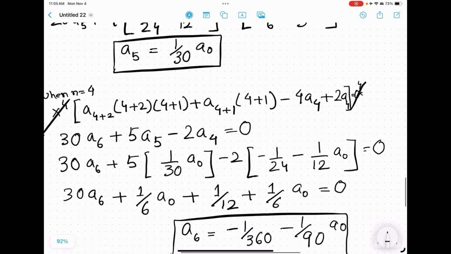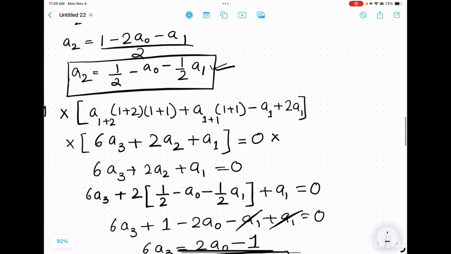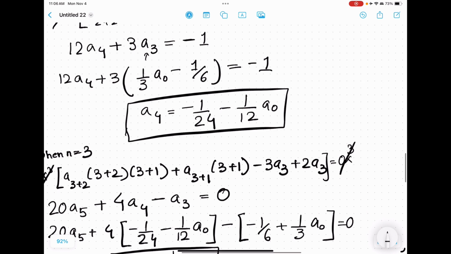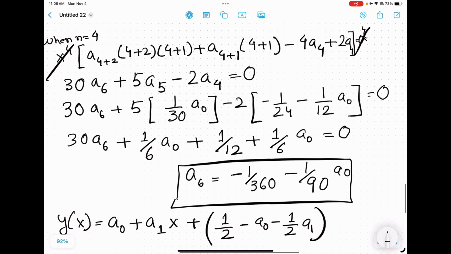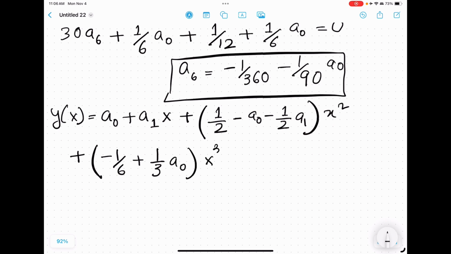So if I just go back to check, I have half negative a sub 0 and minus a sub 1. And then I have my a sub 3, which was negative 1 by 6 plus 1 by 3 a sub 0. So just substituting all the values I've gotten, I have negative 1 by 6 plus 1 by 3 a sub 0 x cubed.